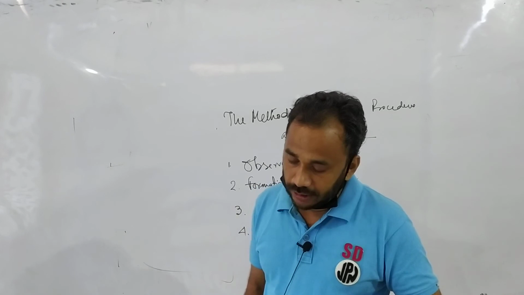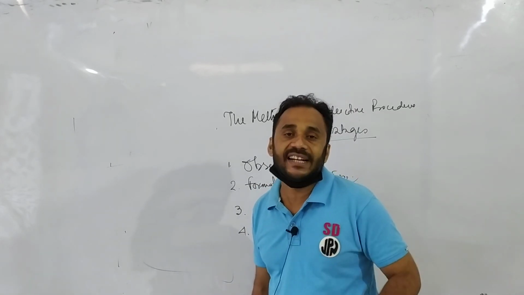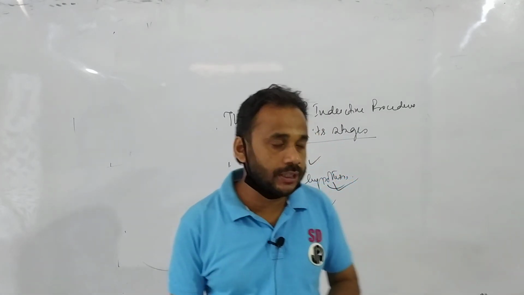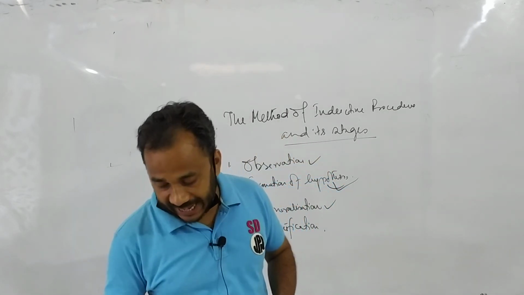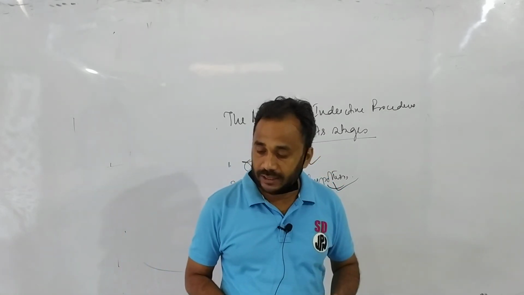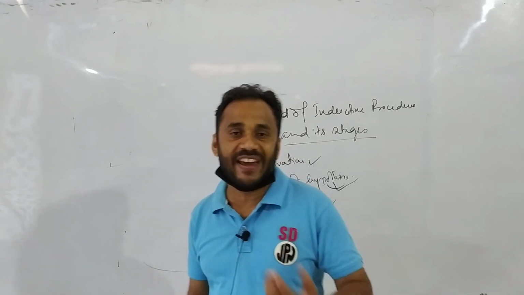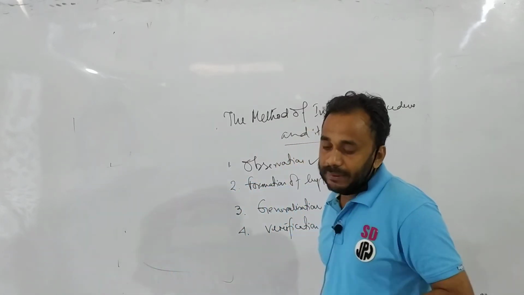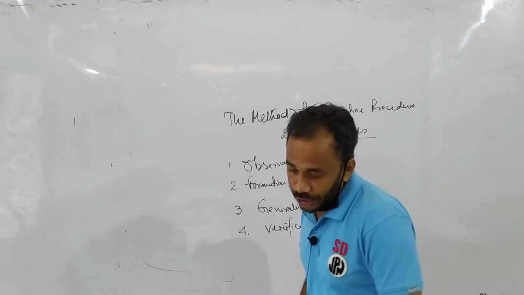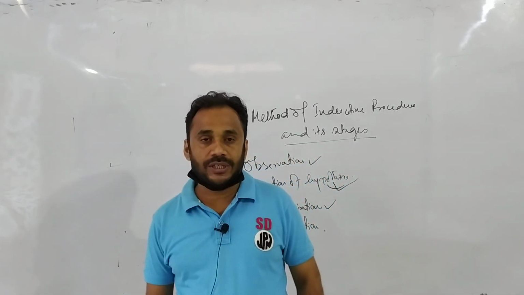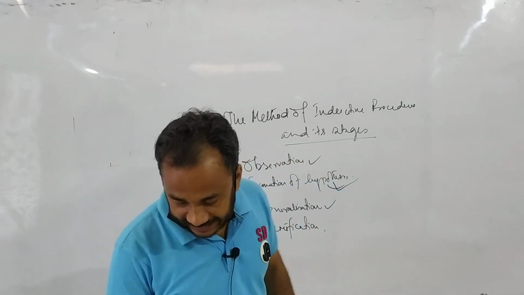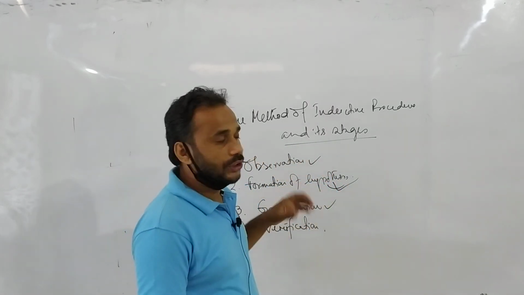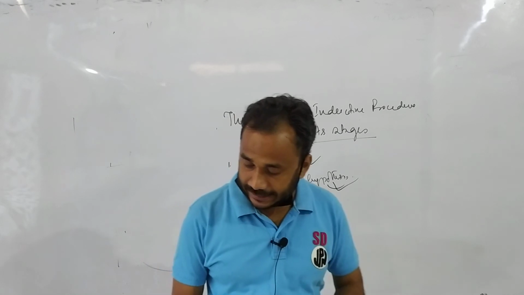Here verification is of two kinds. One is direct verification, another is indirect verification. Direct verification is that in which we directly compare the general proposition with actual facts. Indirect verification is that in which we deduce certain conclusions from the general proposition and then compare those with actual facts.